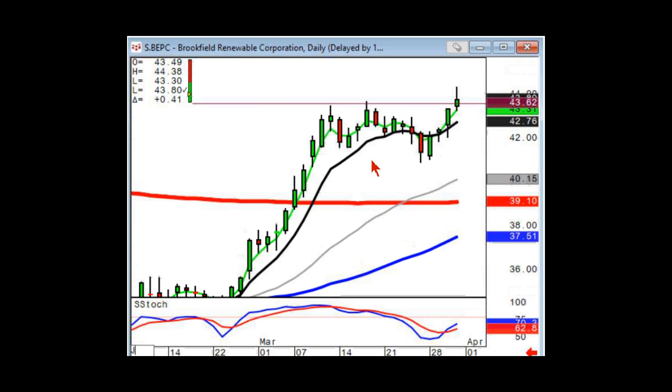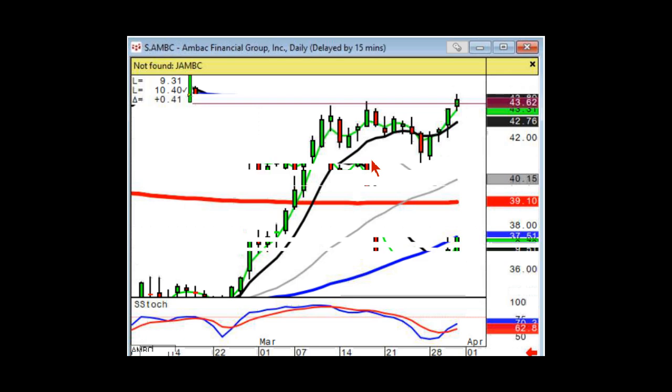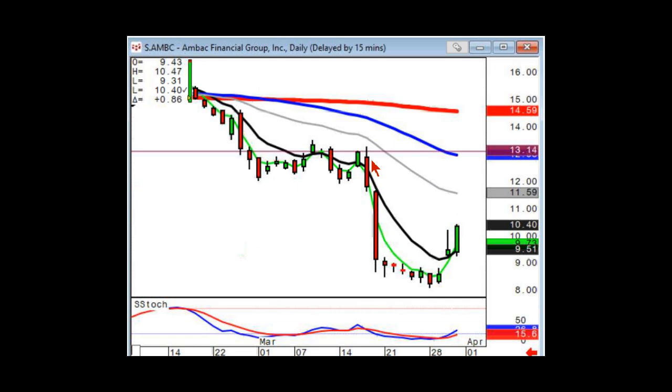If I had owned it, if I was buying it today, bah humbug. It did not open. So I wouldn't have bought it right out of the chute.